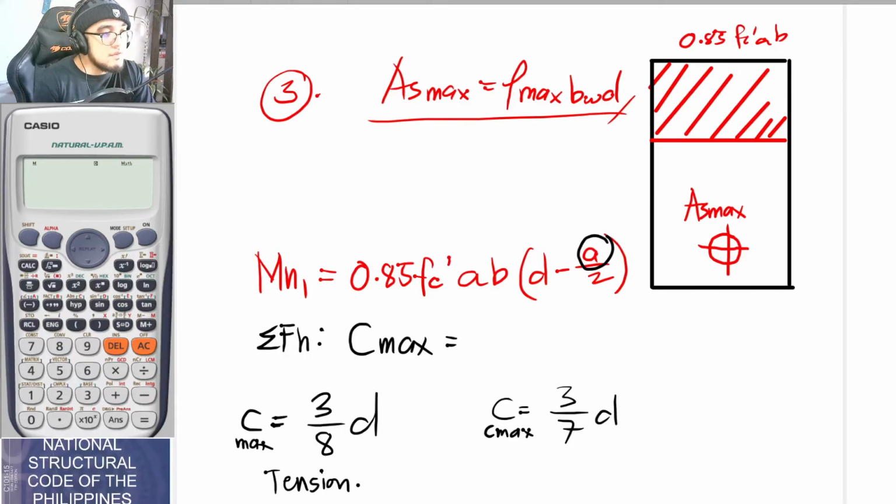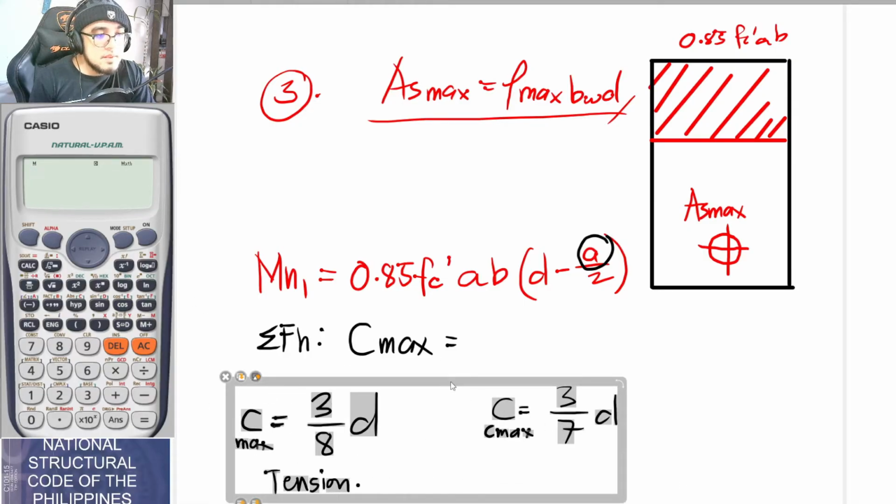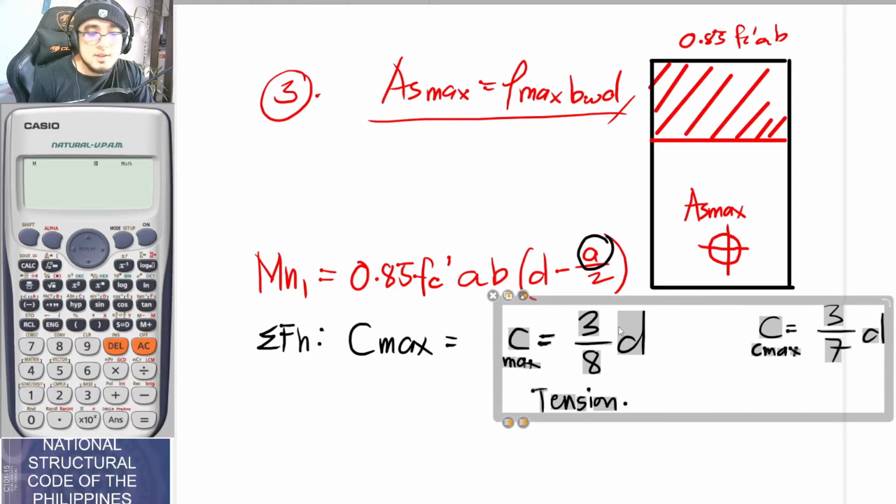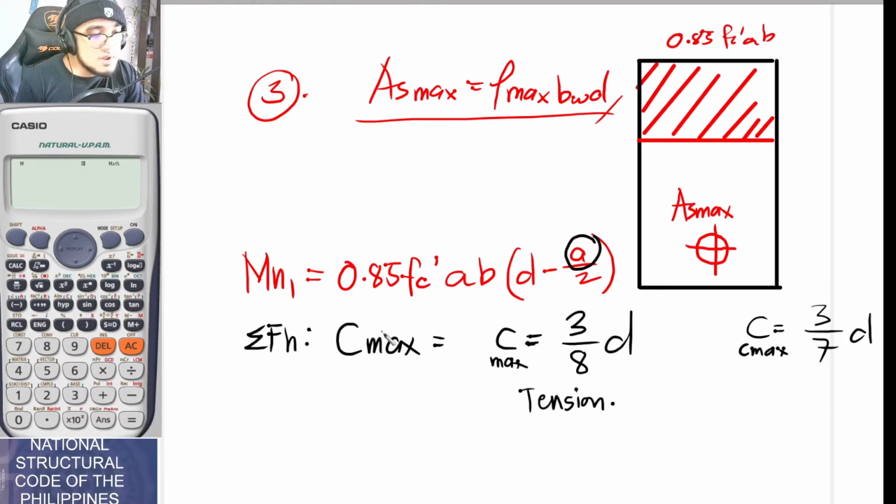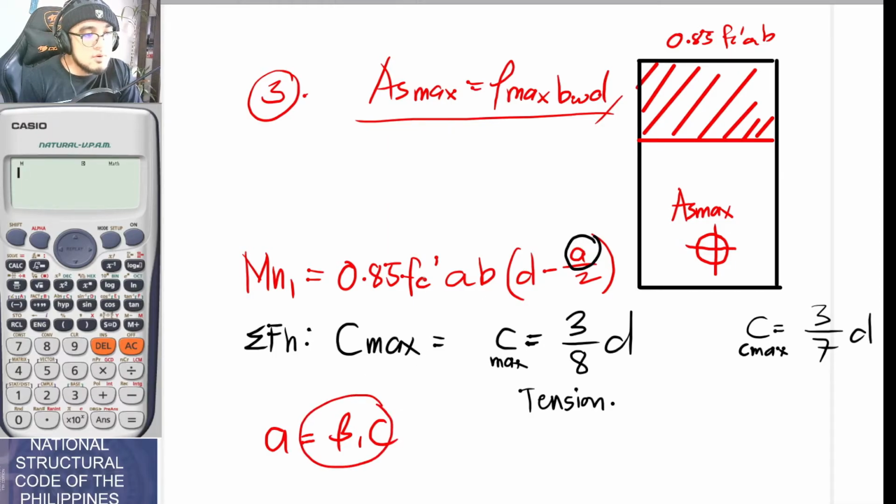And after solving for your c max, from there, you can now substitute your value for your c max at this equation. So your a is to be equal to beta 1 c. So just multiply your c by beta 1 and you can now solve for a.